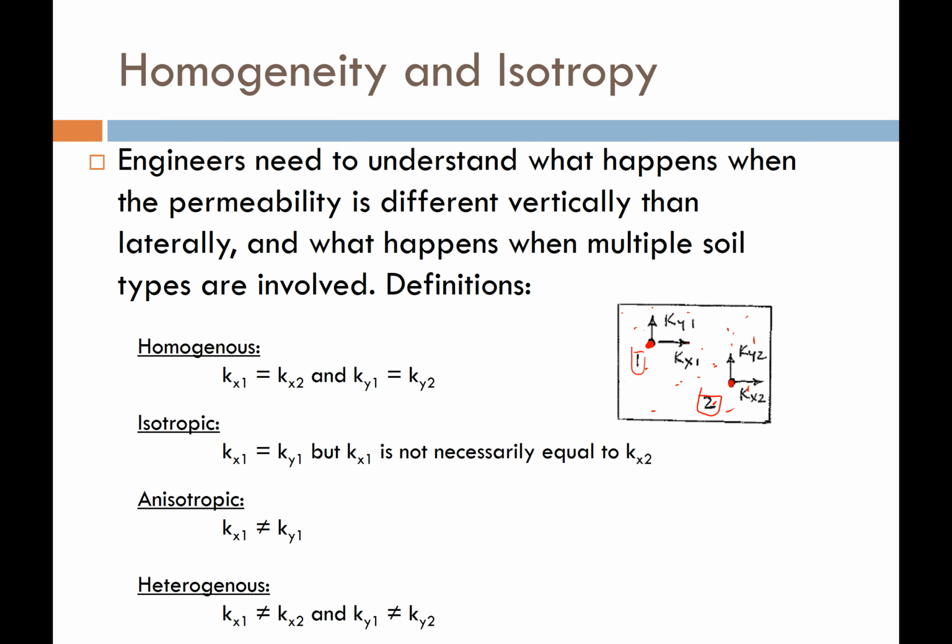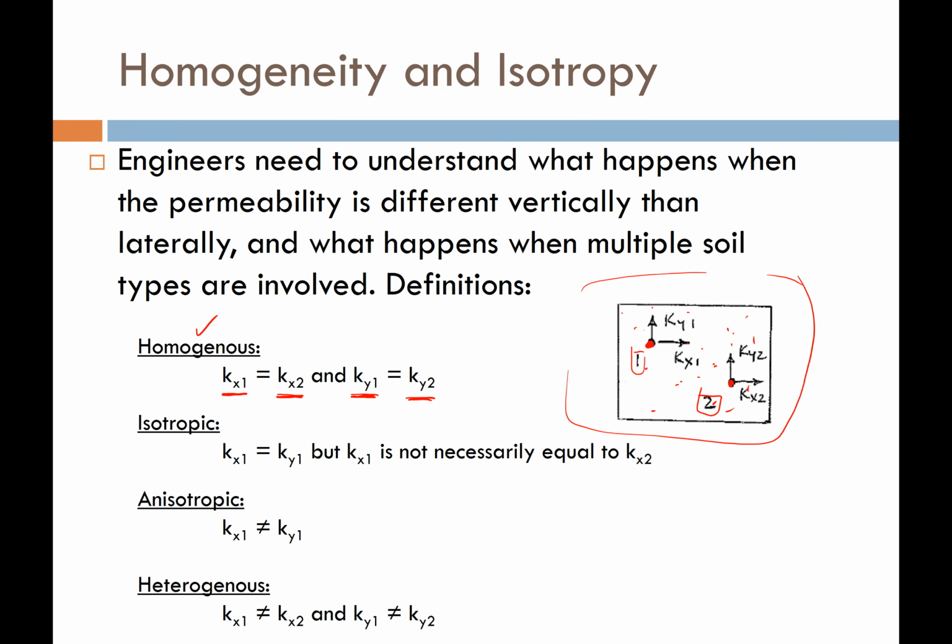How can I describe the permeability of this soil as a whole? Well, I might describe it as homogeneous. If it's homogeneous, what that means is that the permeability in the x direction at point 1 is equal to the permeability in the x direction at point 2. And the vertical conductivity at point 1 is the same as the vertical conductivity at point 2.